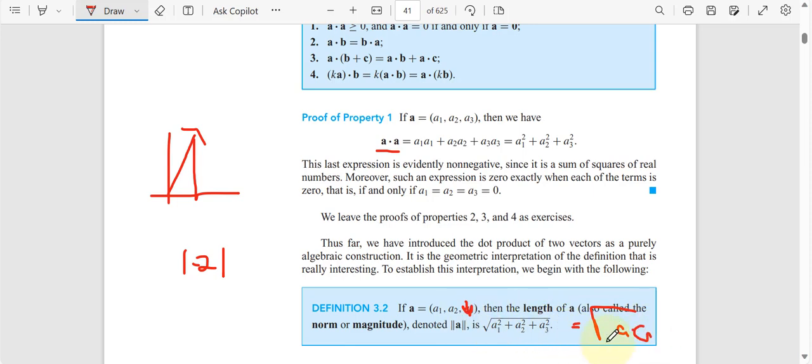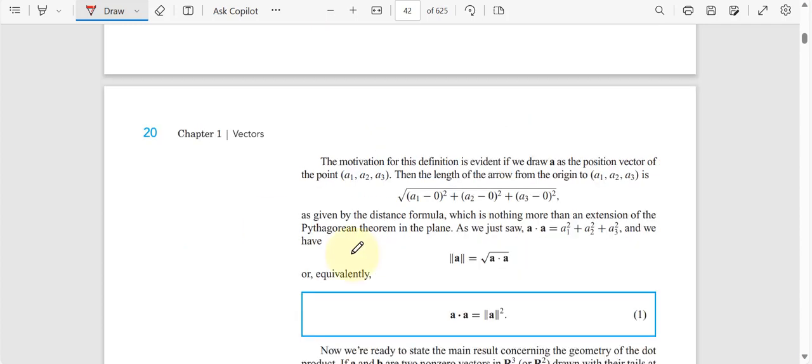Okay? So we can say that the magnitude is that, and so this, which denotes the magnitude, is this, where this is a dot in between there. So we have this, or if we square both sides, we have this. So we have a kind of nice handy way of talking about what the magnitude means.